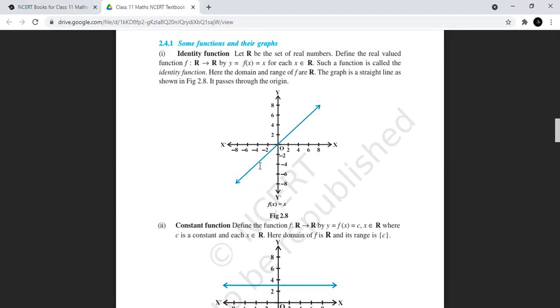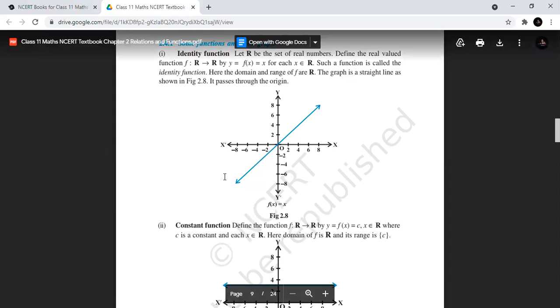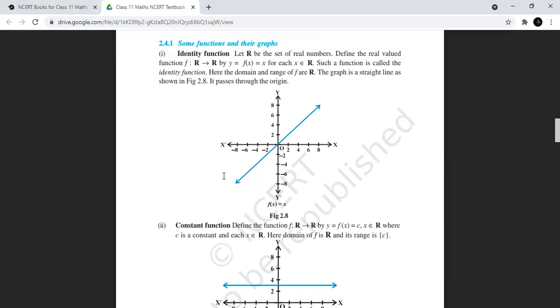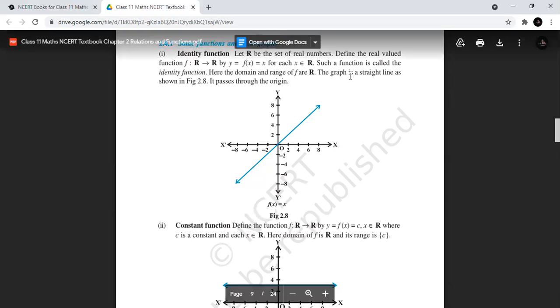Likewise, -1,-1. So you get a line which is equally inclined to the coordinate axes in the first and the third quadrant. So something like this, the graph comes. Okay, so next time when I say identity function, that picture should come to your mind, that okay, this is how it will look. y is equal to x, and the graph would come out to be something like this.